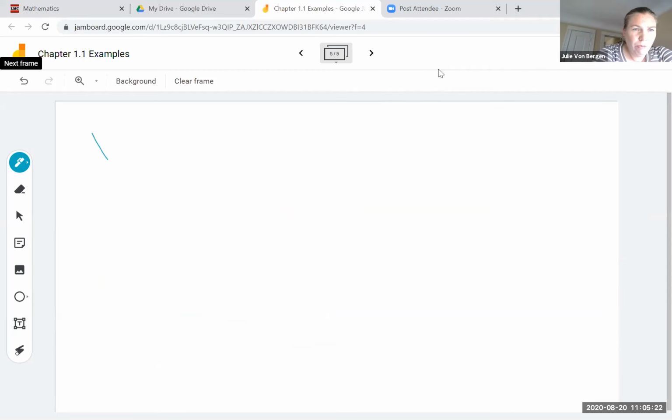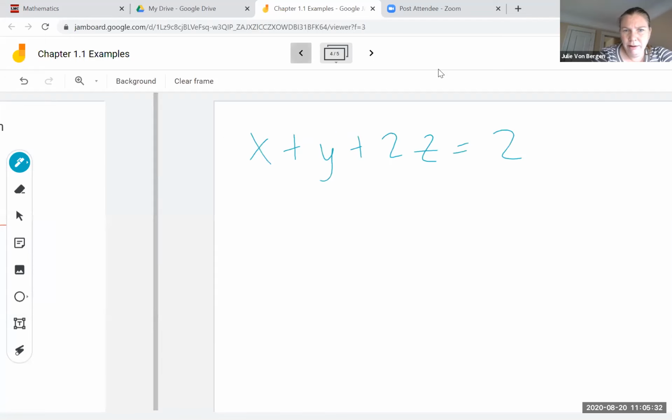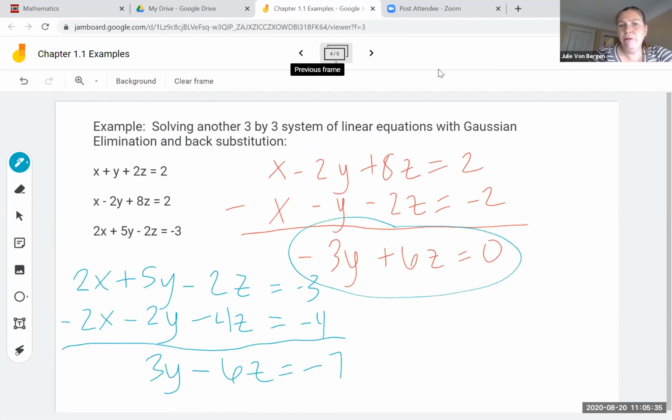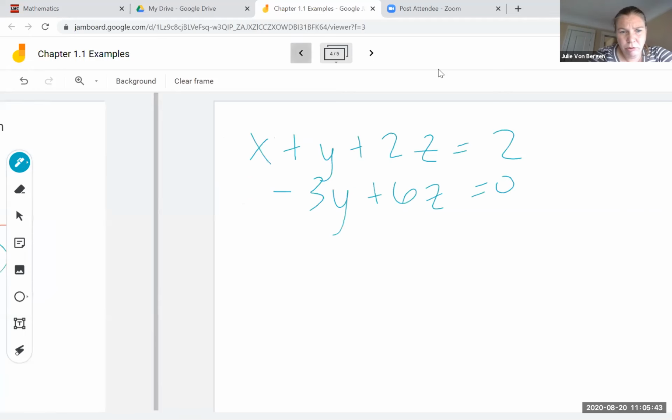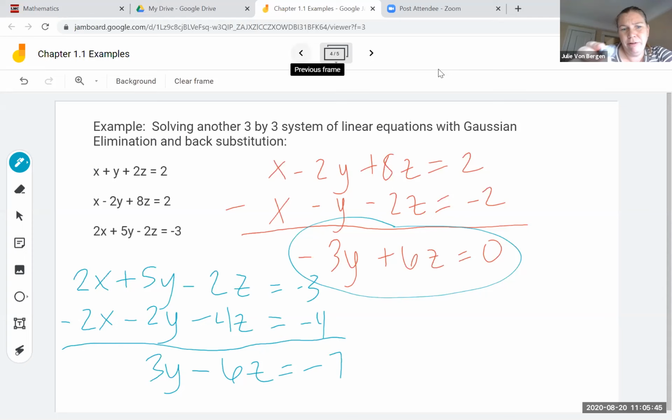So we'll leave equation 1 unchanged. Equation 2 is now -3y plus 6z equals 0. And equation 3 is 3y minus 6z equals -7.